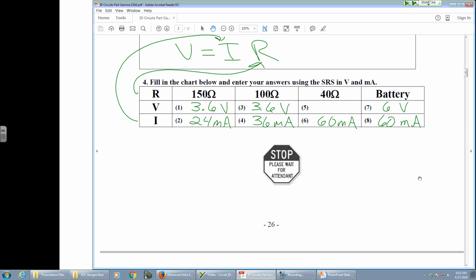The 40 plus either one of these should add up to 6, right? So I'm expecting 6 minus 2. I'm expecting 2.4. Do I get that if I do Ohm's law? Yeah. Wow. You mean I can be really confident in these numbers because they actually also make sense with our rules, which is kind of nice.